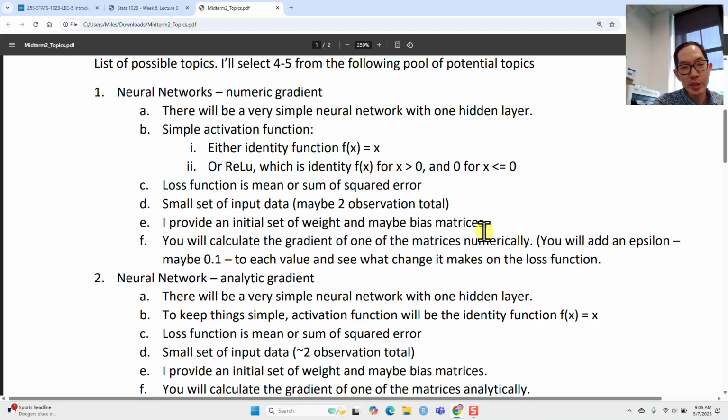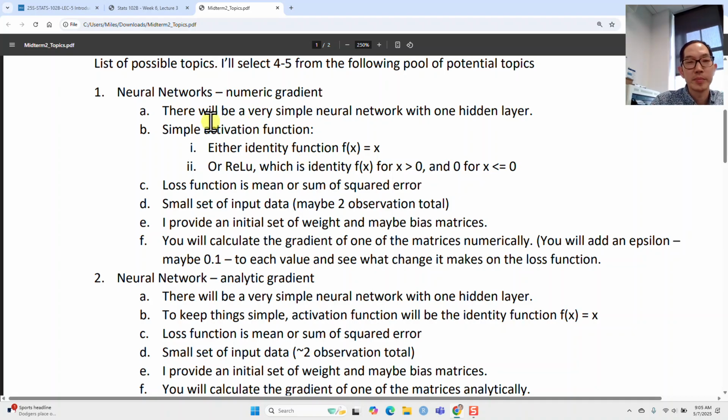When you do the gradient, remember you do it 1 element at a time. If there are 3 elements in the matrix, you do it 1 at a time. So that will be one possibility.